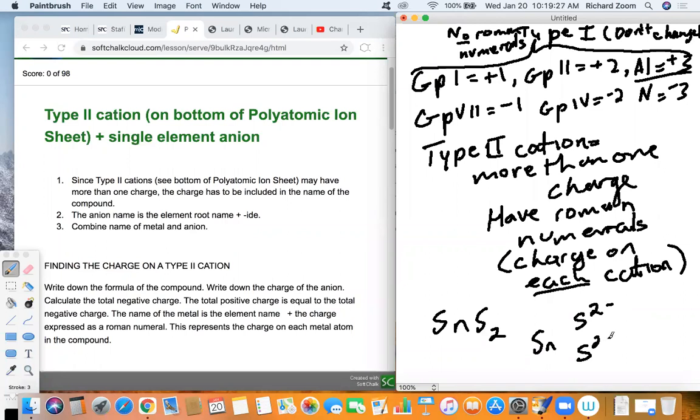We need to know the charges on each one, which comes out to be -2, which means that that's going to be +4, which means the Sn is +4 as well. So the name for this would be tin 4 sulfide. And the 4 here is from the charge on the tin. Does anybody have any questions?